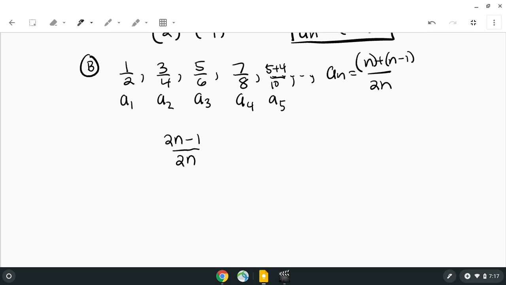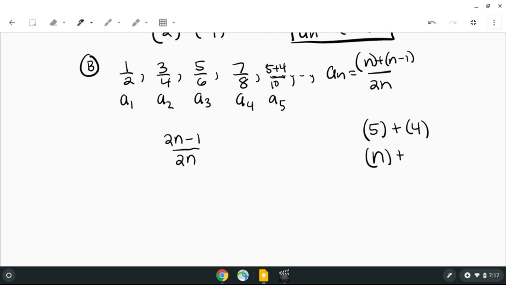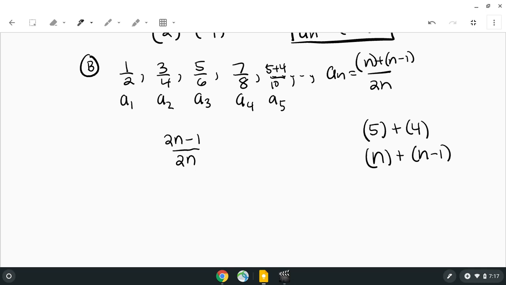So to represent this, 5 plus the number before it, if this one is n, then this one is n minus 1.